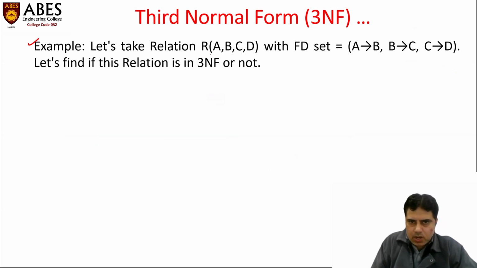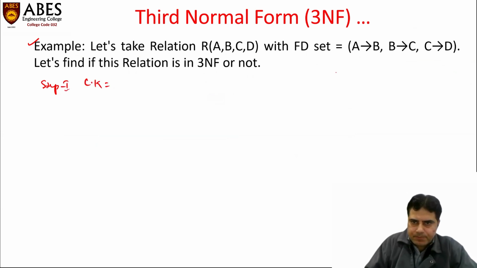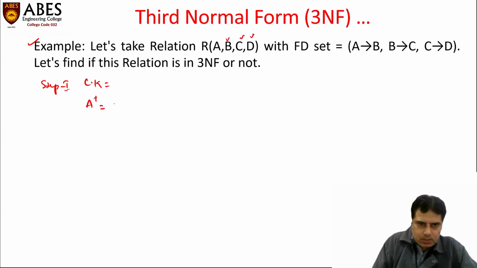Let us take a relation R(ABCD) with the functional dependency set A determines B, B determines C, and C determines D. Let us find whether this relation is in 3NF or not. Step 1 is to find the candidate key. Same process to calculate the candidate key: the missing attribute, not appearing on the right side, is A. We take the closure of A. From A we can determine B, B to C, and C to D. So A is the candidate key.